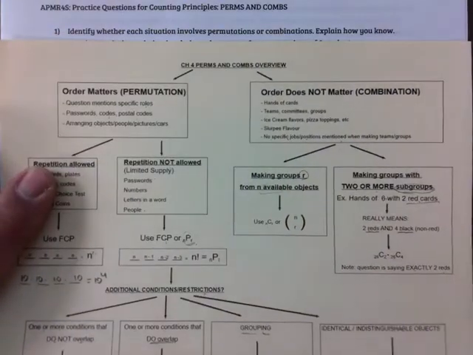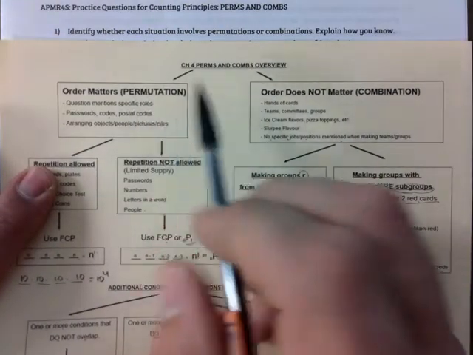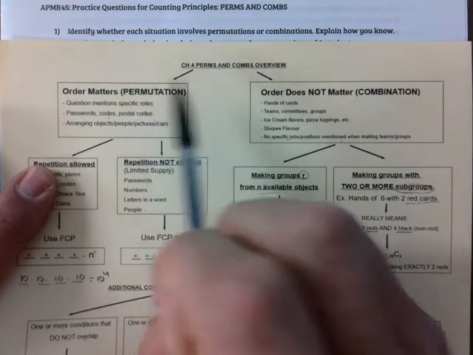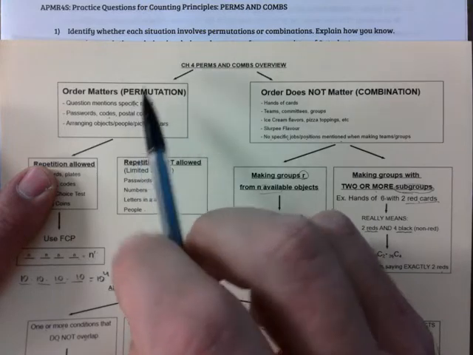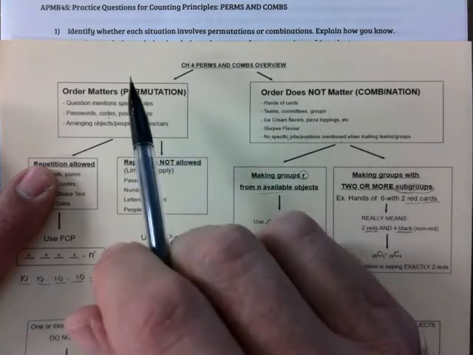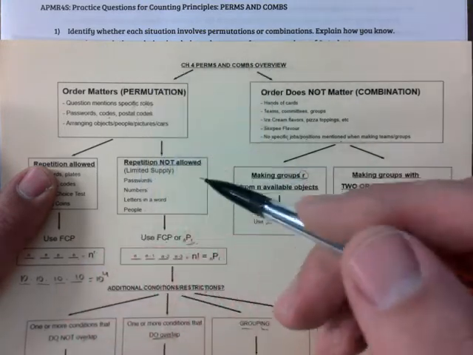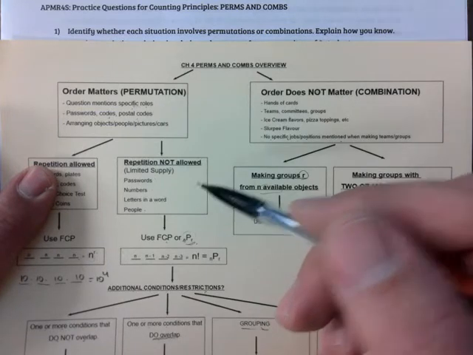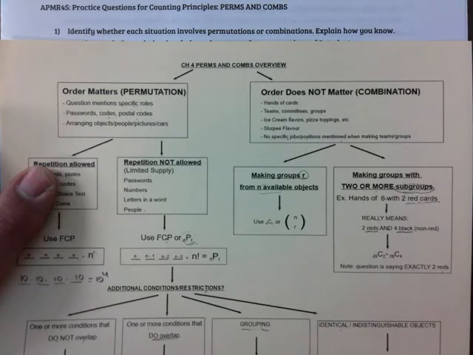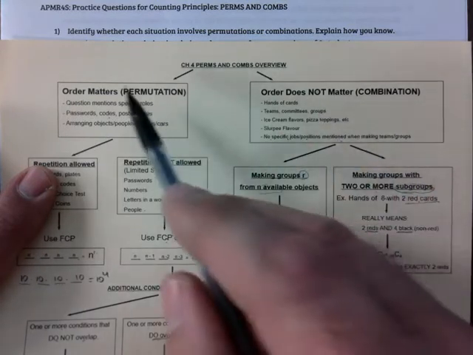What else should I say before I start? It should be quite clear which branch you should go at the very beginning. Is this a permutation? Is this a combination? You should be able to read it: this is making teams, committees, hands of cards, where order doesn't matter, or order matters.